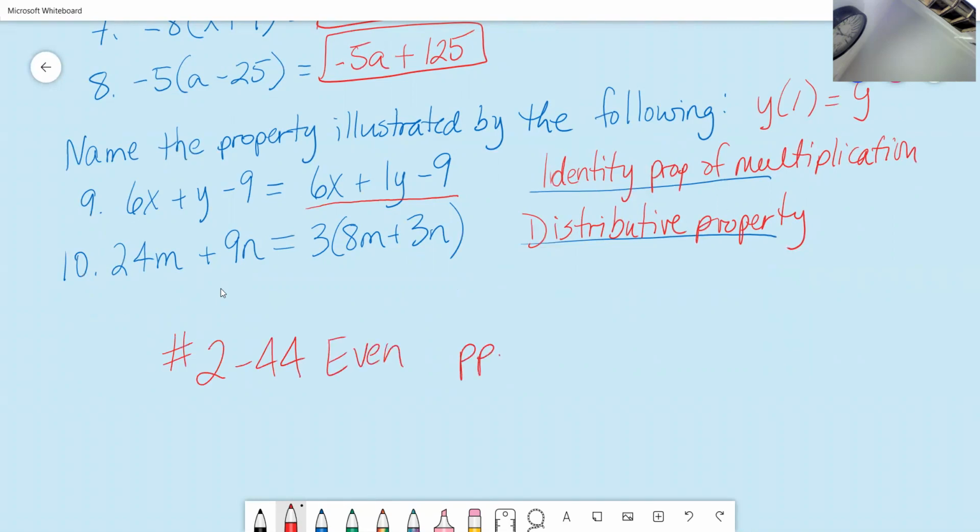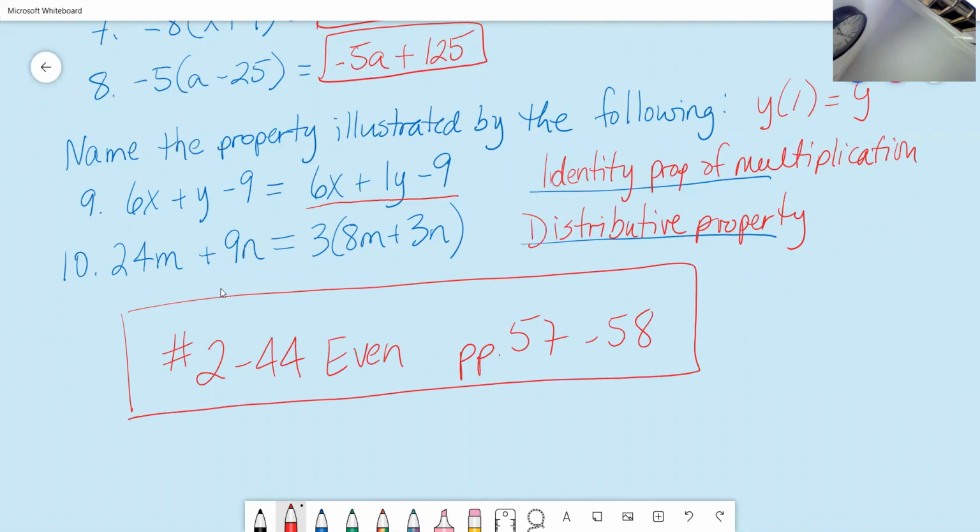This is also on your lesson plans assignment that I sent home with everybody. These are on pages 57 through 58. So give numbers 2 through 44 even a try. And once you're done with that, you can go ahead and watch the video, check your answers against the answer sheet, which your parent should have, or watch the video to see how I work through those.